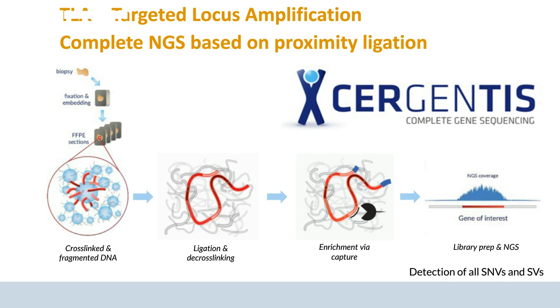But now, because you have regions that are further away from the original capture probes, up to a megabase away, when you sequence you see those sequence bumps, where you have really high sequence depth around your gene, up to a megabase away.